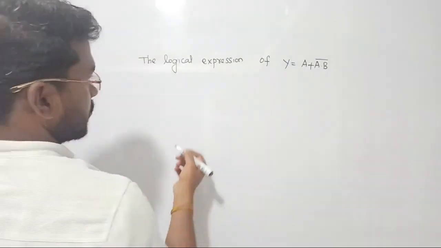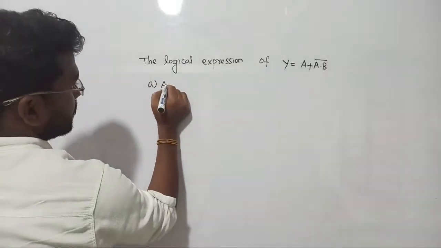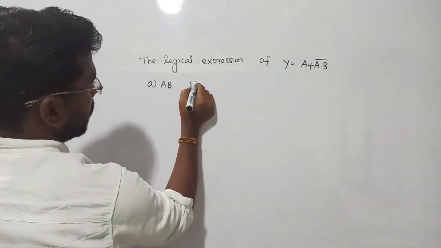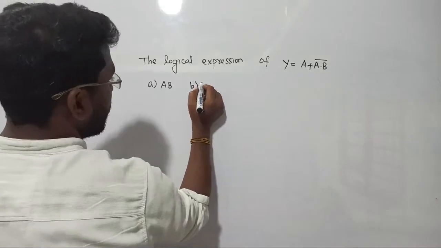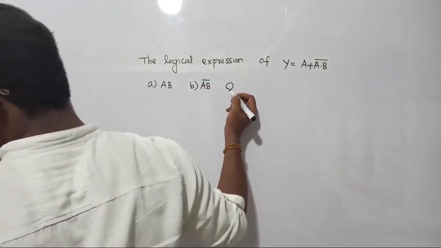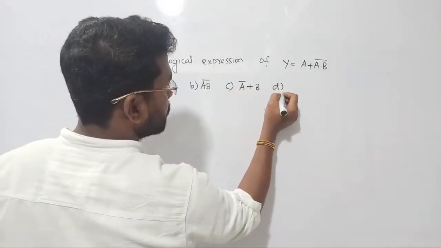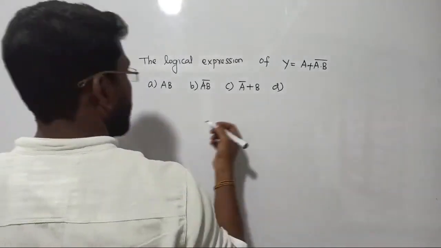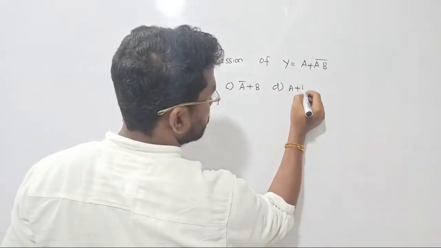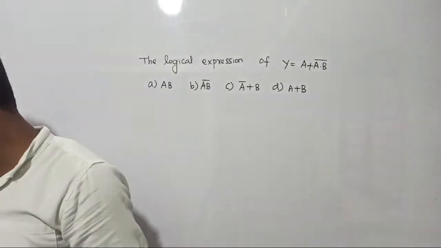The logical expression of this one. They had given 4 options. In option A they said it is equal to AB. Option B they said AB whole bar. In option C they said A bar plus B. In option D they told A plus B. Fine, right? So let us look at the solution for this one.